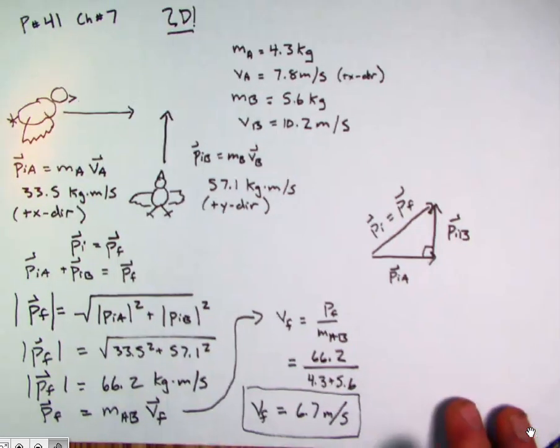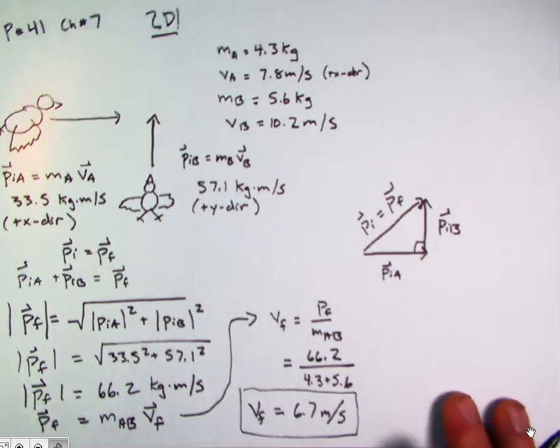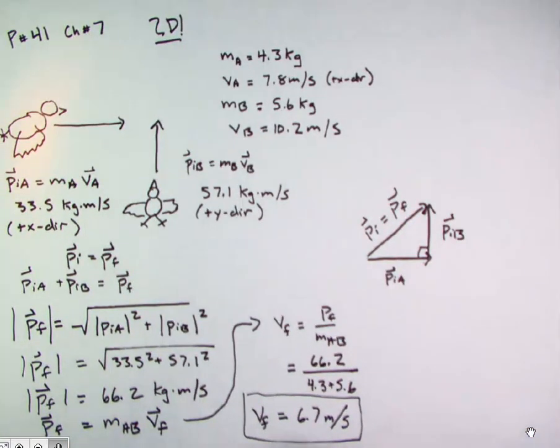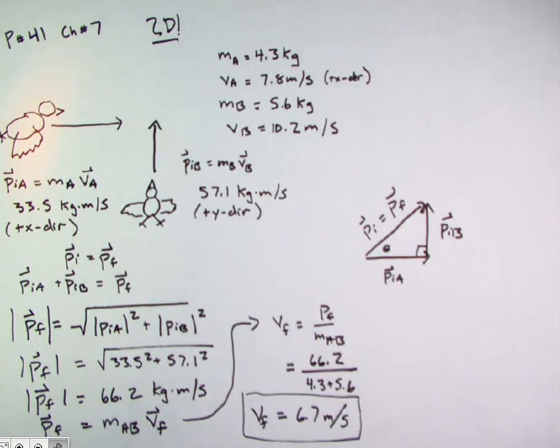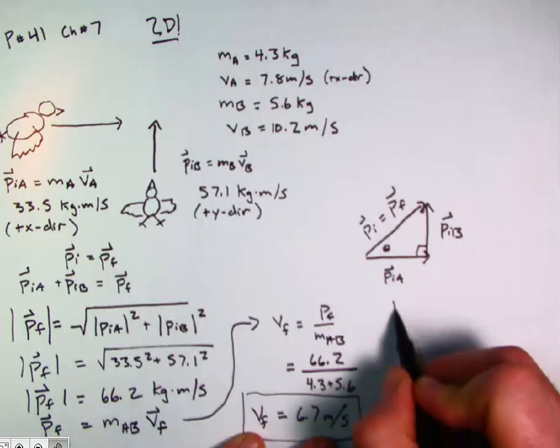All right, Mr. Kirsten, but the problem asks for both a speed and a direction. So how about we solve for this angle theta in here? Well, we could just use a little trig here.